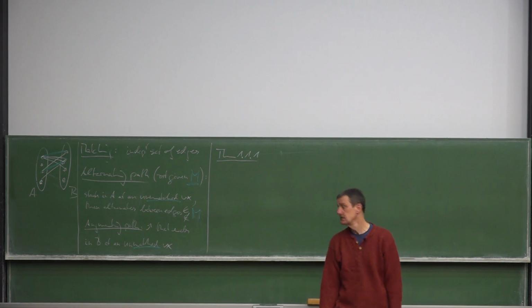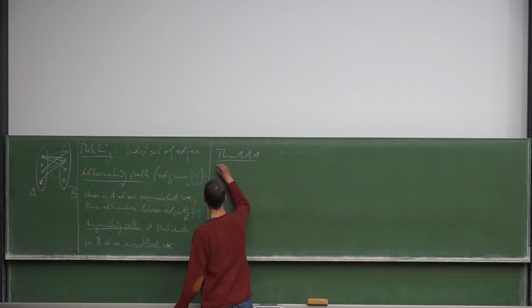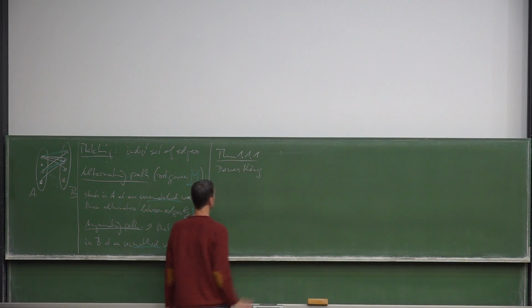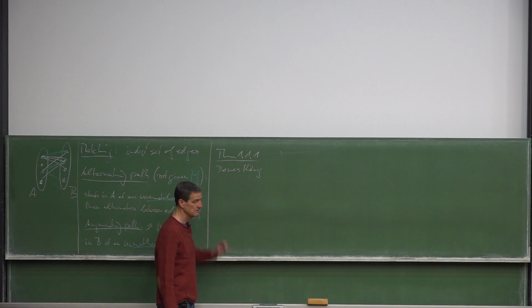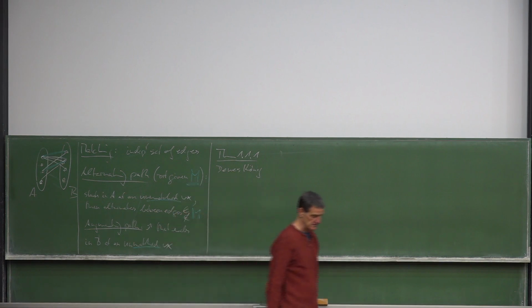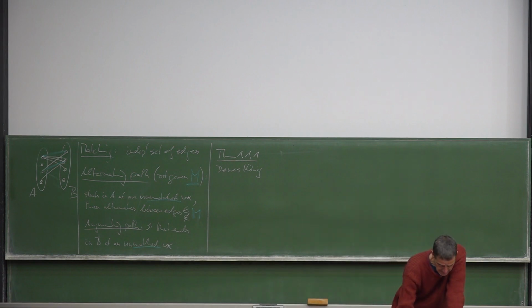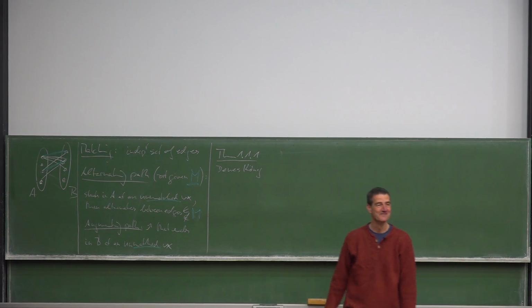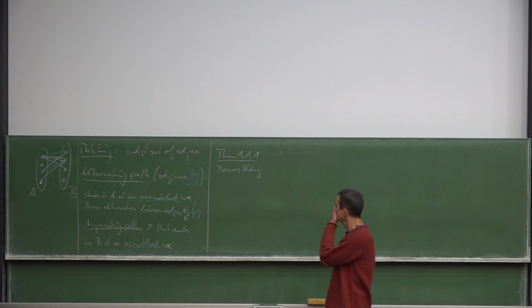Dénes König, a Hungarian mathematician who wrote the first graph theory book. Let me look up the accents on the first name. Oh no, I don't have it here. I don't know. He's probably got accents. They all do. So does anybody know them? No.